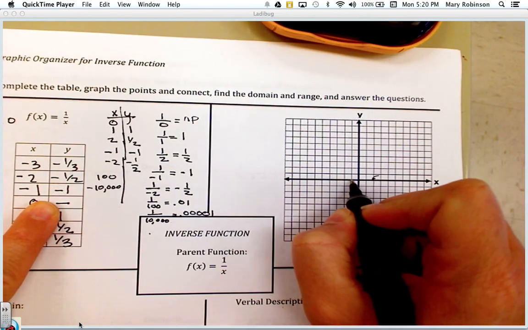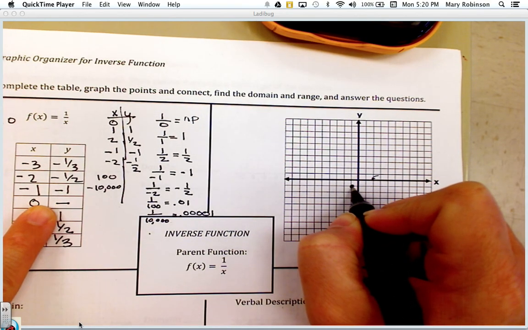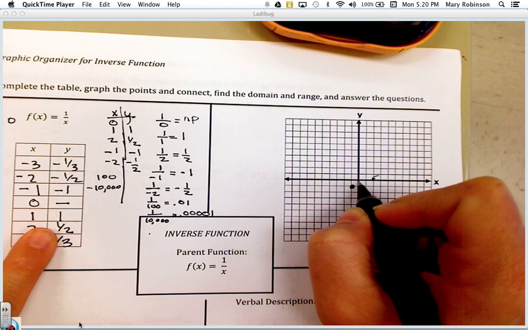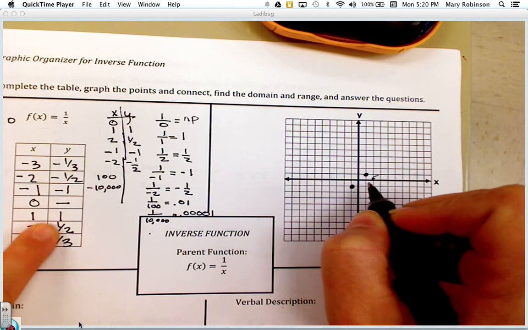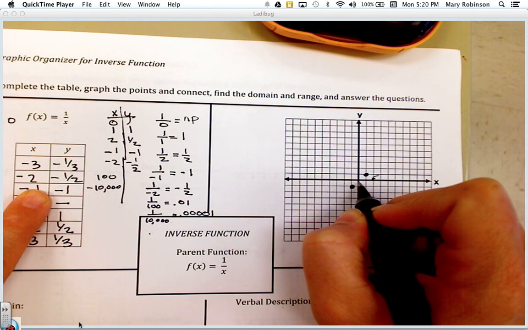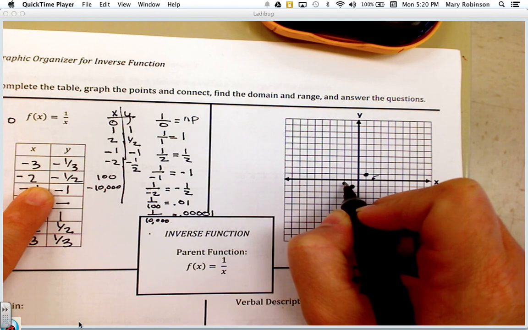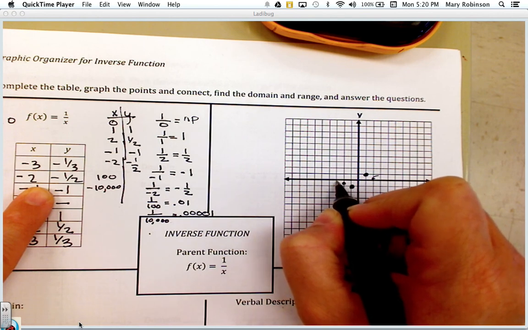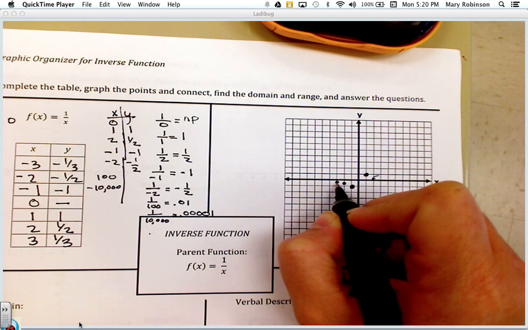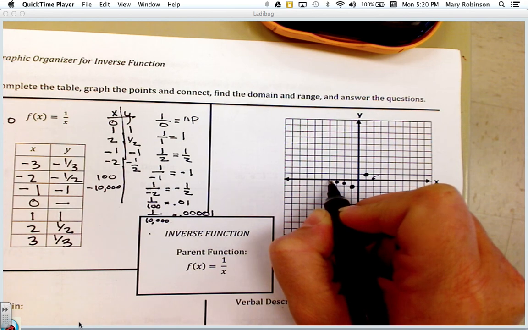We've got negative 1, negative 1. We don't have a point at 0. We have positive 1, 1. We have negative 2, negative 1 half. We have negative 3, negative 1/3. If we had negative 4, 1 over negative 4 is even closer.